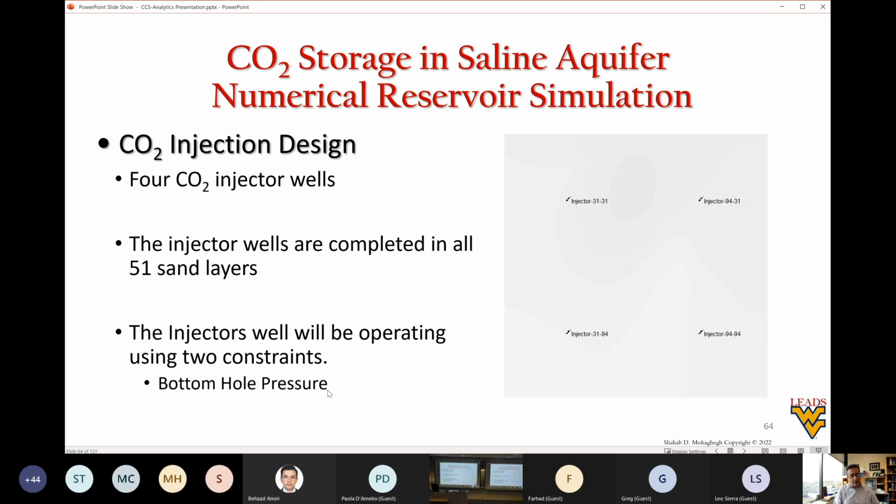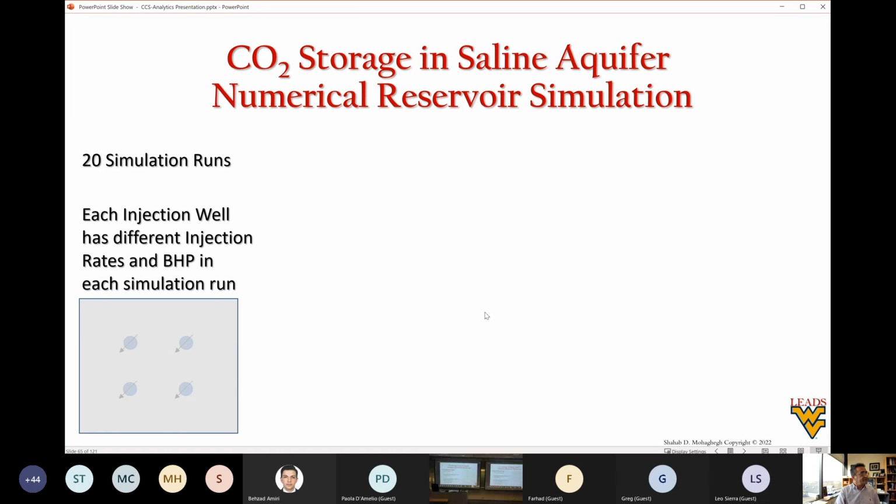We make sure the bottom hole pressure is below fracking, and the maximum injection rate based on what we have. So we made 20 simulation runs, and we have 4 injection wells in each simulation run. Each injection well has different injection rates and BHP for each simulation run.